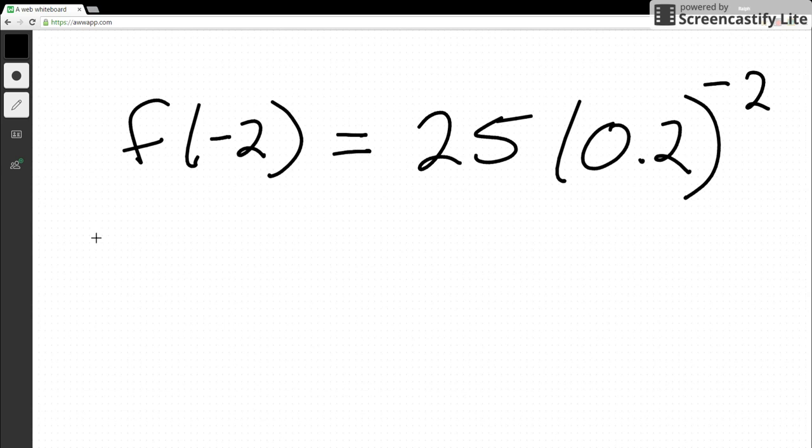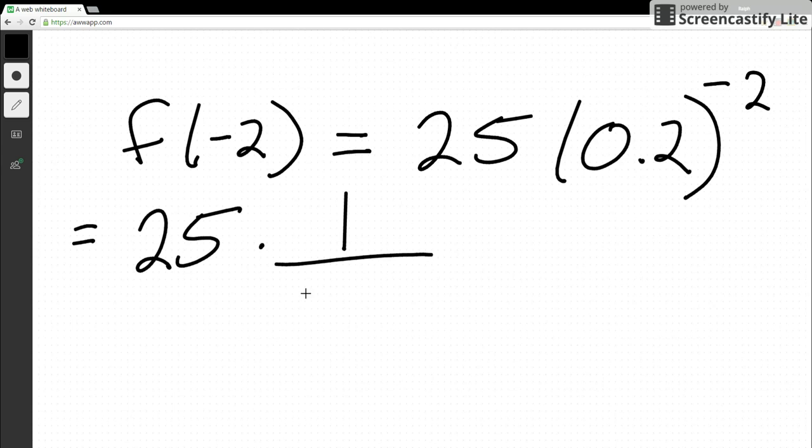And I'm going to need to enter this into a calculator. I'm going to say 25 times 1 over 0.2 squared.